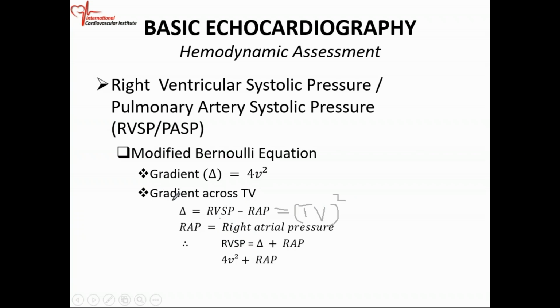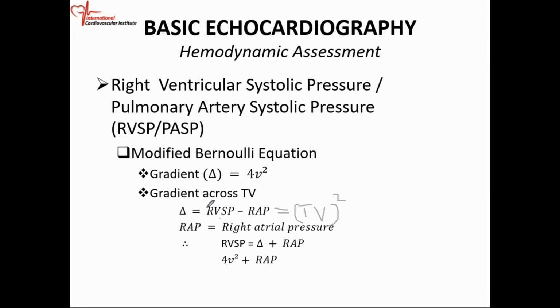So say you want to find the right ventricular systolic pressure, then you just basically rearrange the equation. That's very basic math, because the gradient is equal to RV systolic pressure minus right atrial pressure.